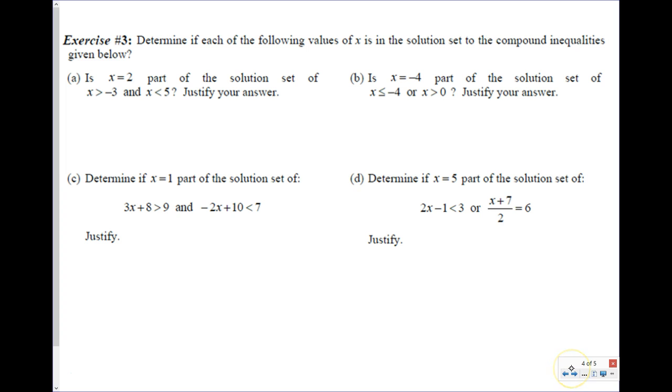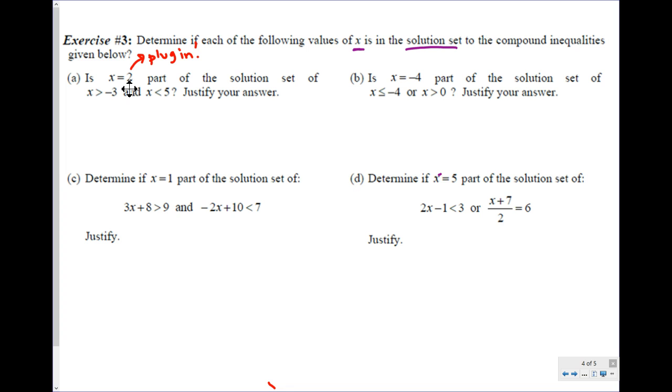So let's take a look at an example with algebra. Exercise 3. Determine if each of the following values of x is in the solution set to the compound inequalities given below. So we're looking for whether the given value of x is in the solution set. What does that mean? That means that we have to plug x in and evaluate. So is x equals 2 part of the solution set of x greater than negative 3 and x less than 5?